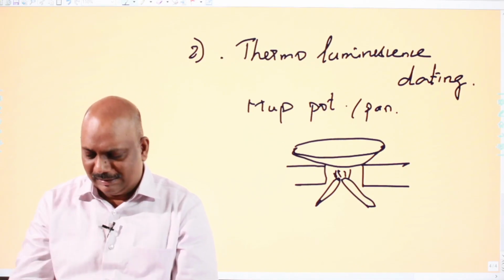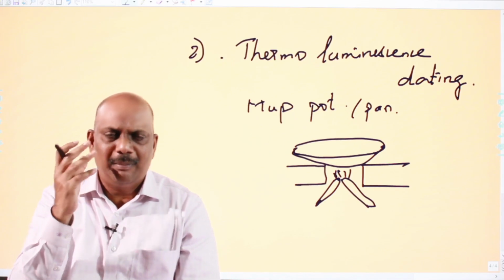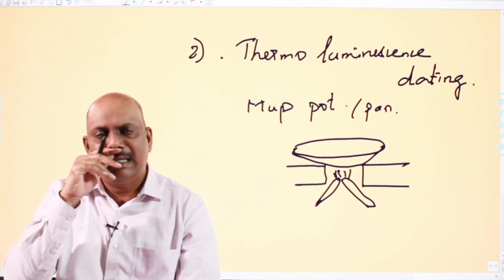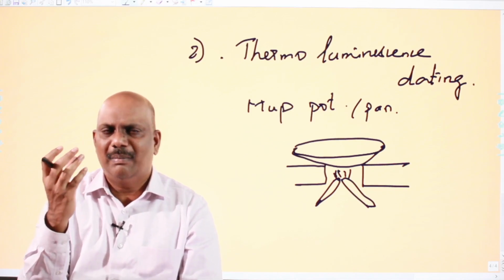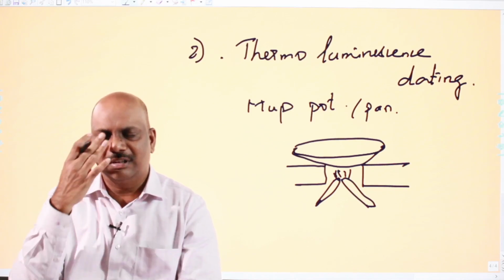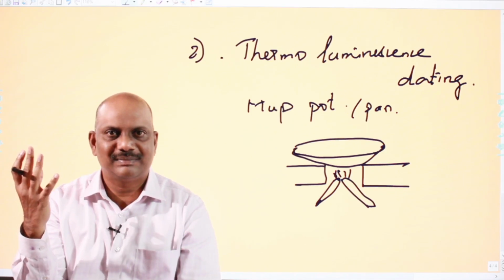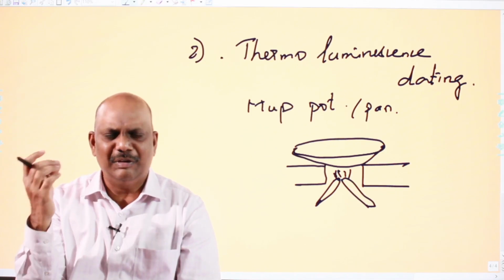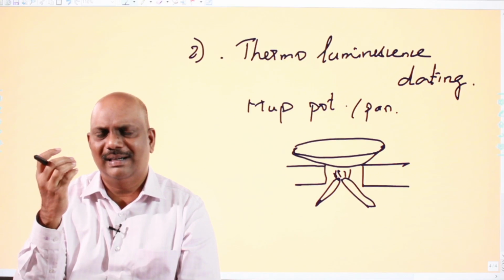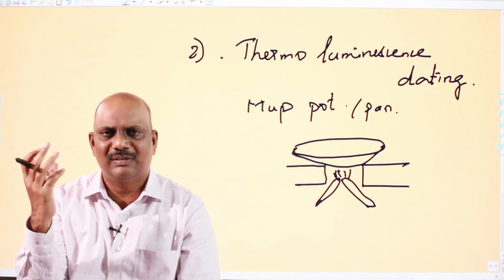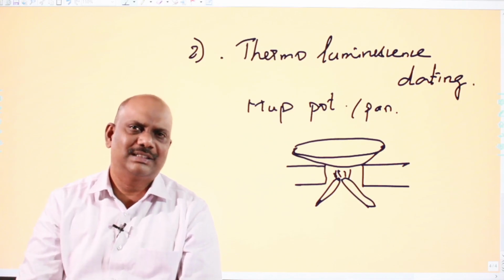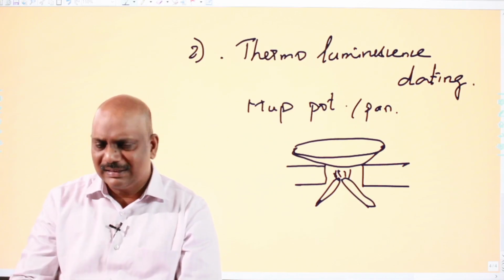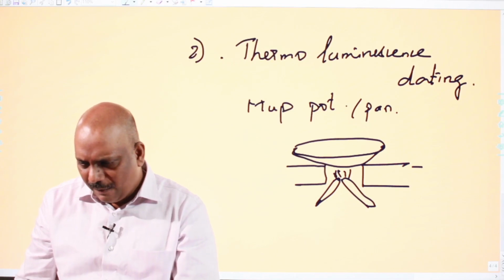And if you buy a new mud vessel, many times when you just keep it immediately over the fire, some microscopic spots will come out of that, chick, chick, chick, like this. Very microscopic lights. So these are thermoluminescence.